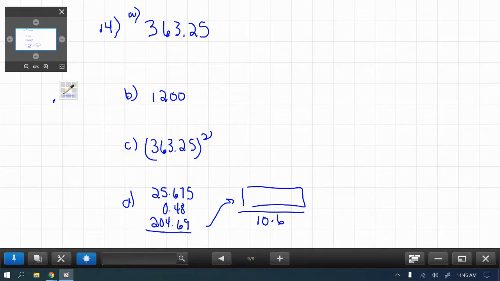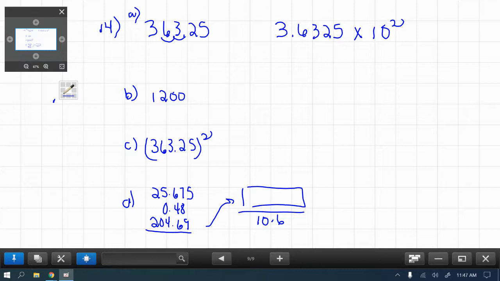So these need to be in the correct significant figures and powers of 10. So if I want A in powers of 10, 363.25, so I'm moving it 1, 2 decimal places, 3.6325 times 10 to the second.